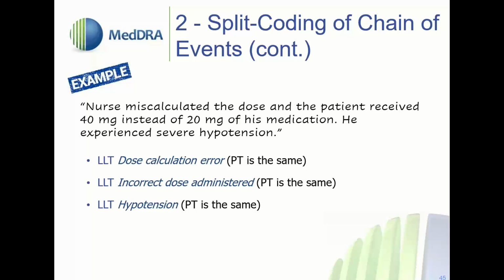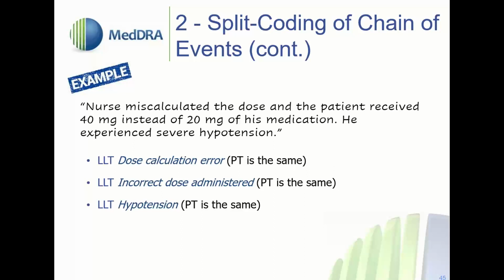Again, an example for this principle: it is reported that a nurse miscalculated the dose and the patient received 40 milligrams instead of 20 milligrams of his medication. He experienced severe hypotension. We would capture the initial error, which was the dose calculation error. The PT is the same.